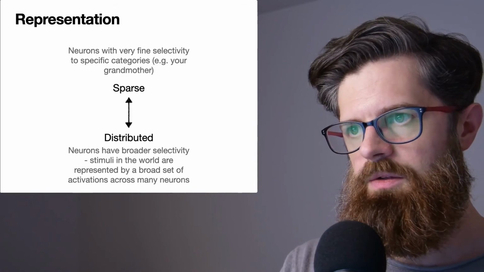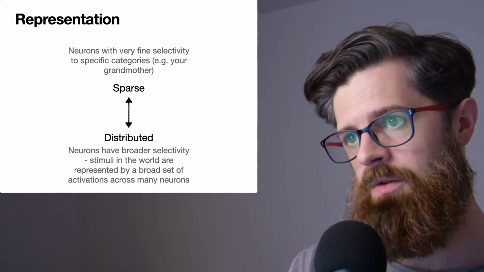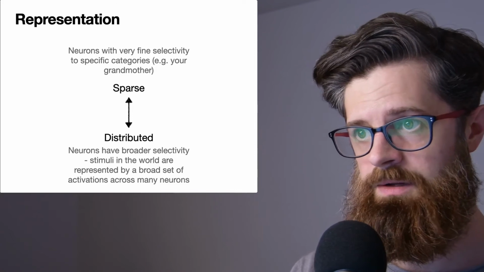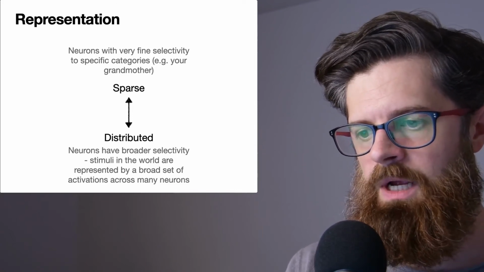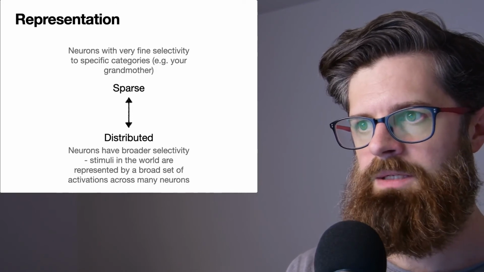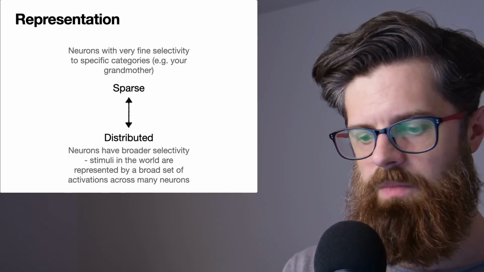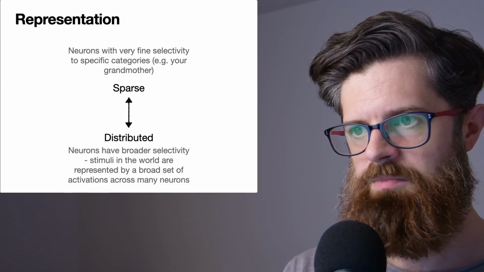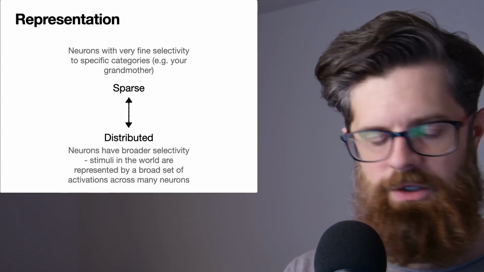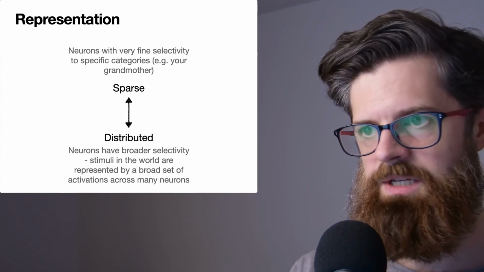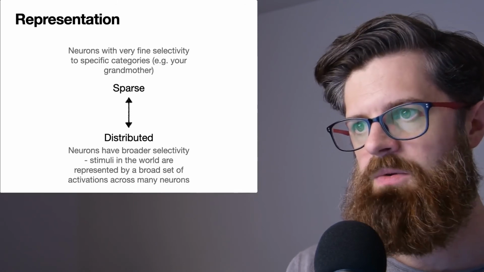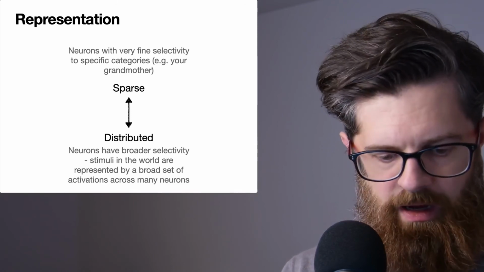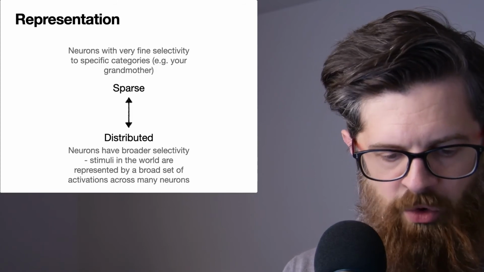Now, the opposite, if you like, on this spectrum is a distributed representation. In this way of thinking about things, rather than having neurons that respond highly selectively to particular stimuli like grandmothers or cars, you instead have a broad activity.